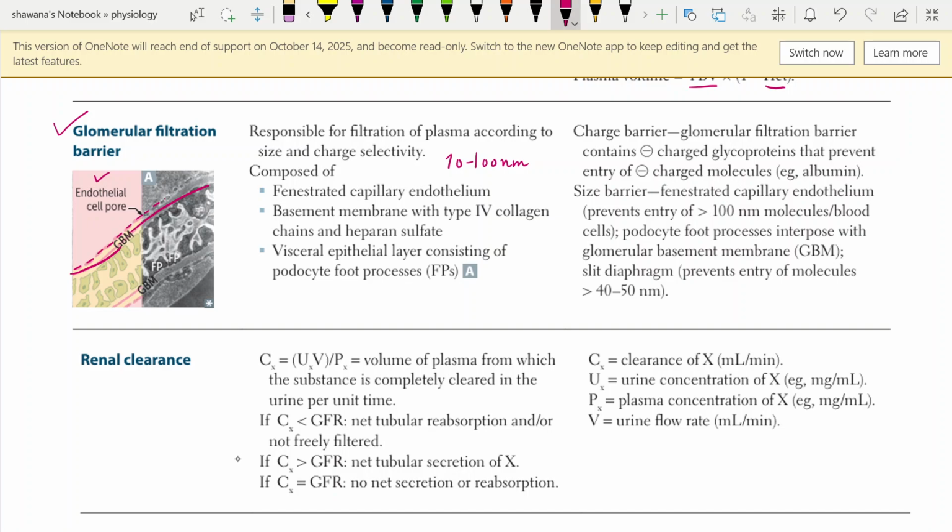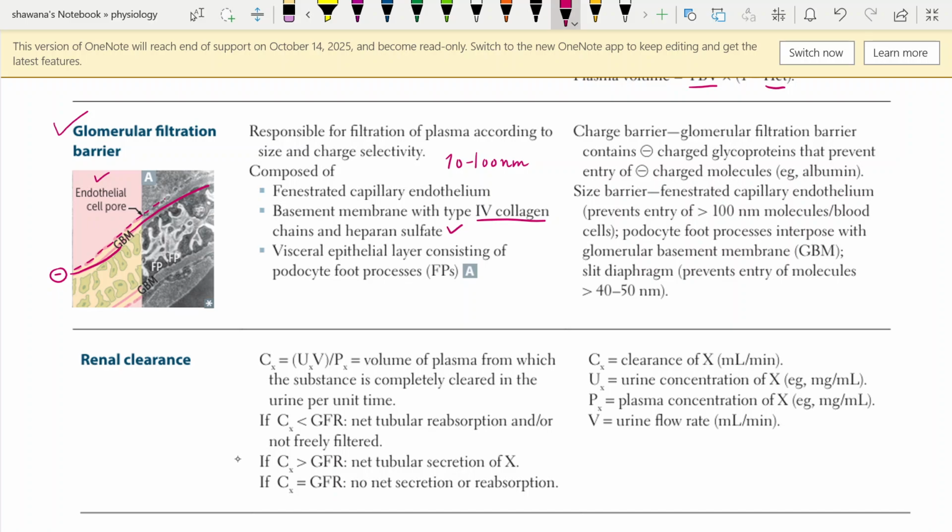Because the glomerular basement membrane is composed of heparan sulfate, laminins, fibronectin, and glycosaminoglycans, and these all impart negative charge to the glomerular basement membrane. And what exactly is the collagen that is present in the GBM? It's collagen type 4, and you need to remember that all basement membranes in our body, like the alveolar basement membrane, also contain collagen type 4.